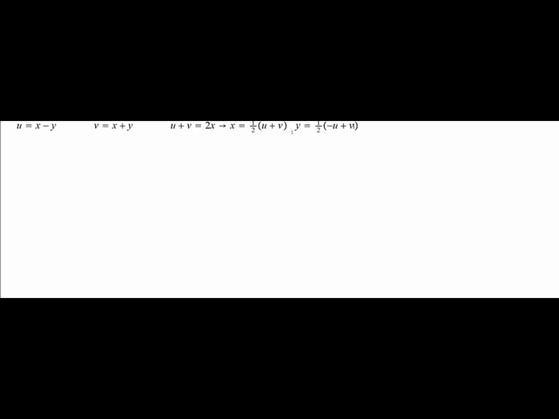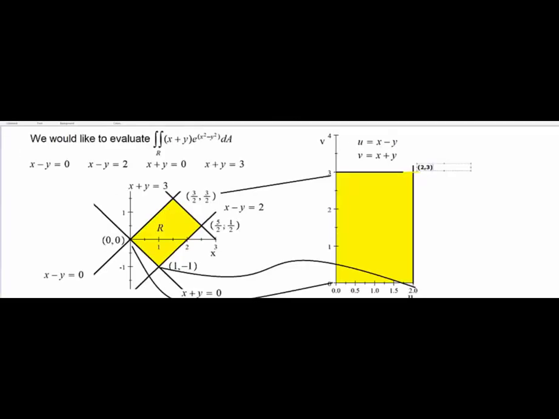Okay, so these are x and y in terms of u and v. So when we make the transformation, if we call this region R, let's call the new region A.